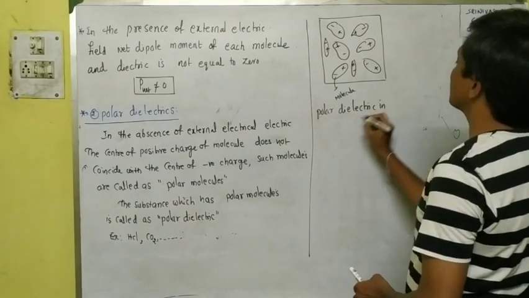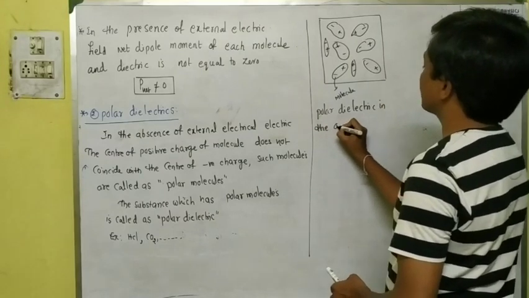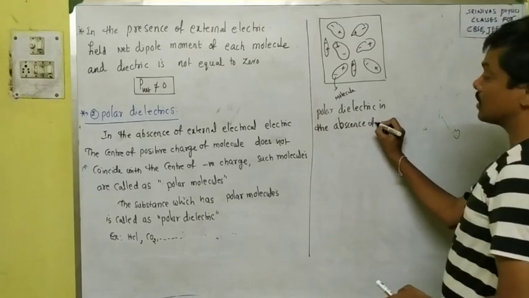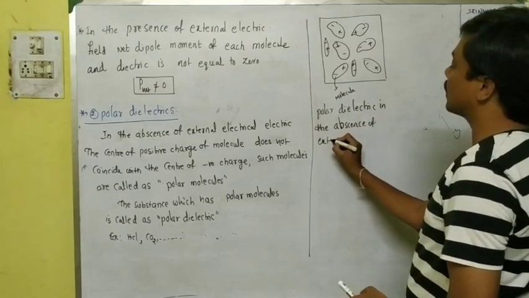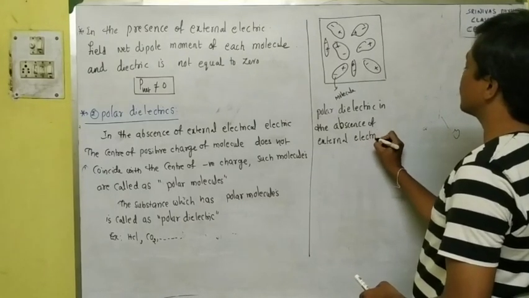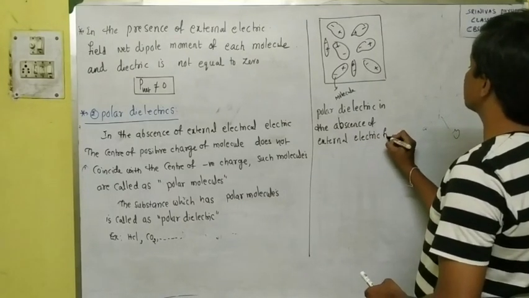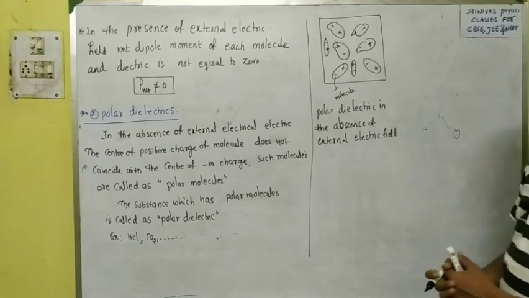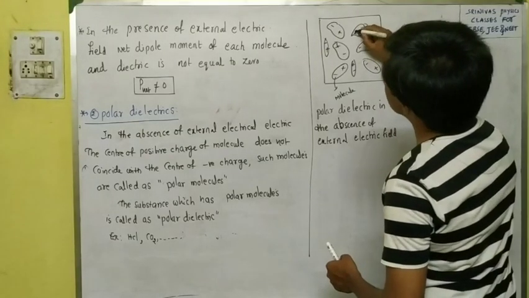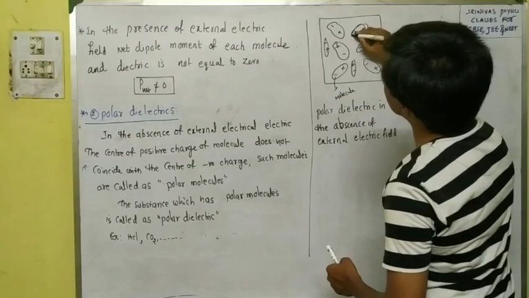Polar dielectric in the absence of external electric field. Okay, look here. There is some separation between the negative and positive charge.